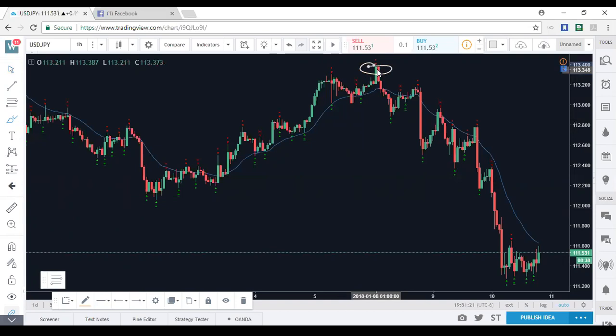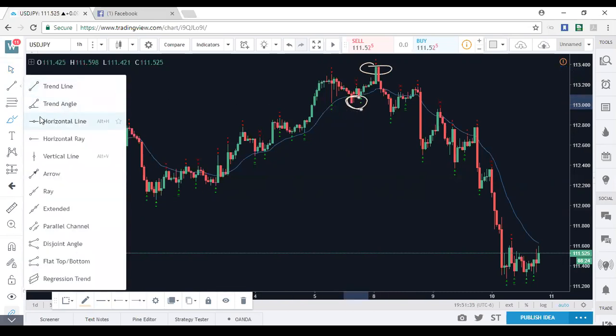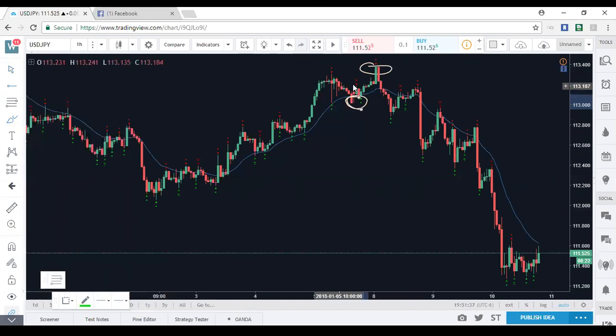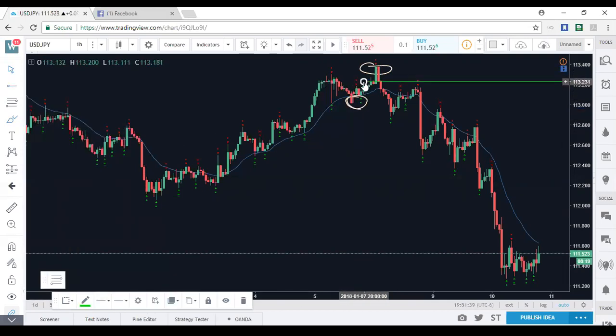So here's your impulse down. Notice on this low point, this floor right here, this swing point is at a floor. So it breaks through.